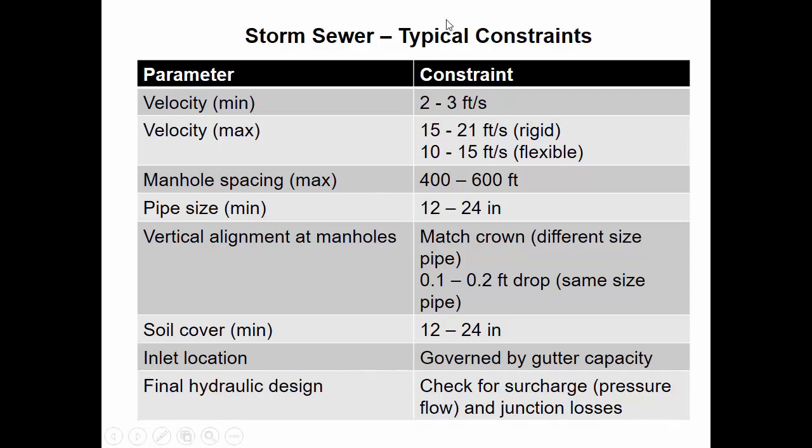At the bottom here, we've talked about a lot of this, but in the final hydraulic design, checking for surcharge means that you'd want to be aware of the slopes and the depths of pipes, because it's inevitable that there's going to be locations where the network is going to fail occasionally. There's going to be too much water getting in, and so you want to know, when there's too much water getting in, what's going to happen?